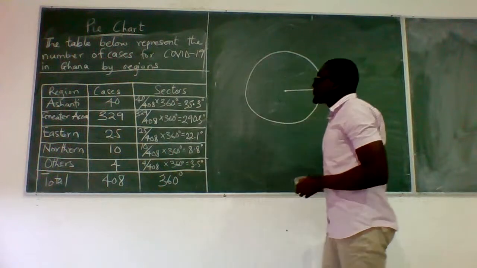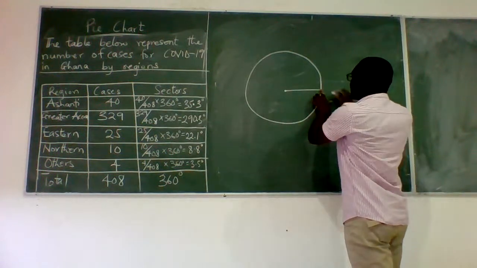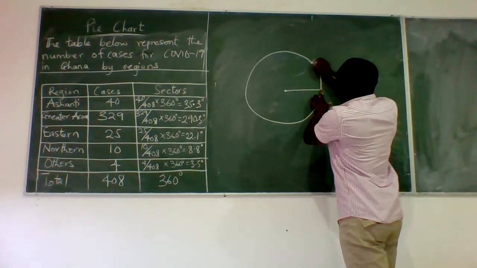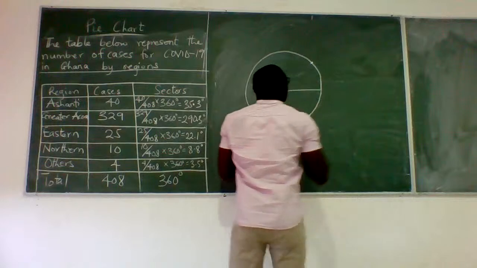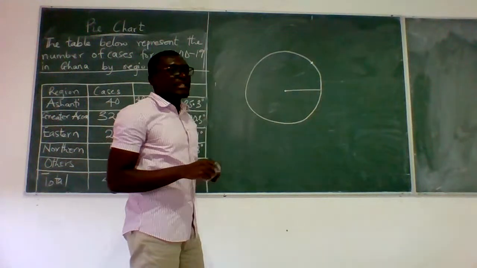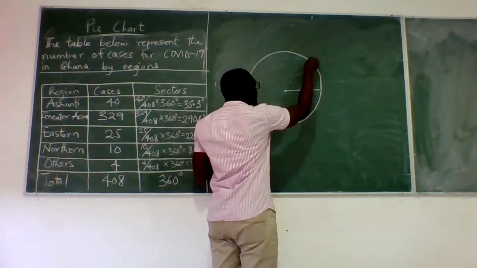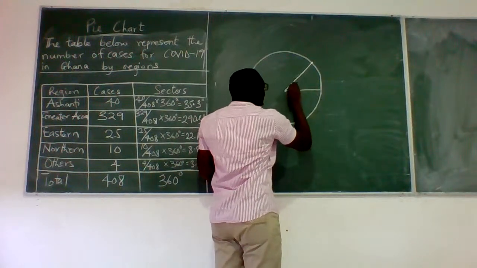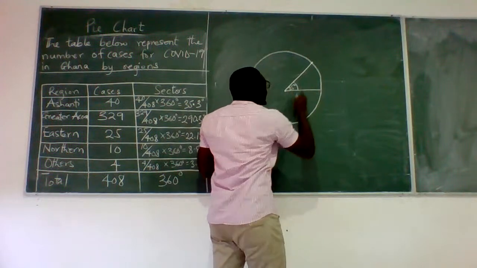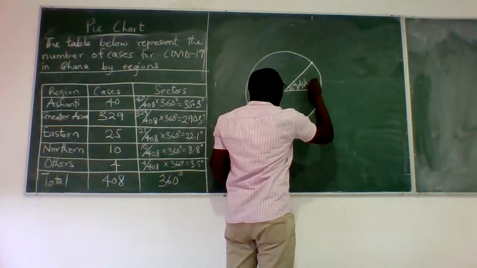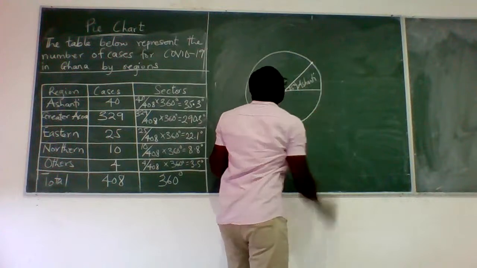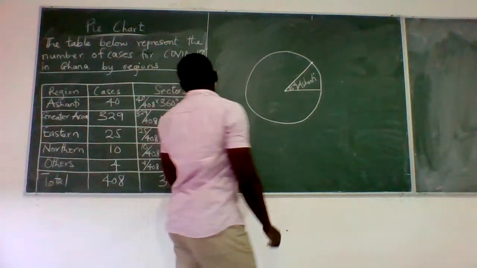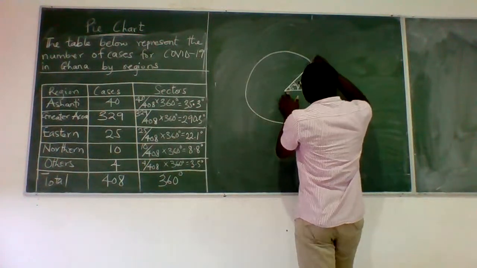So here, Ashanti region, 35. So I start here: 10, 20, 30, 35. Somewhere here. You should get it accurately because you are using a protractor. So make sure you get that. So this is 35 degrees and it represents Ashanti region. Then we move to the next one, which is 290. So this becomes our new base.